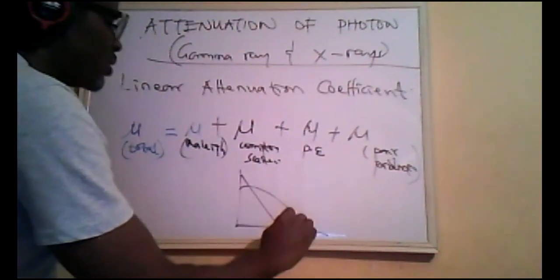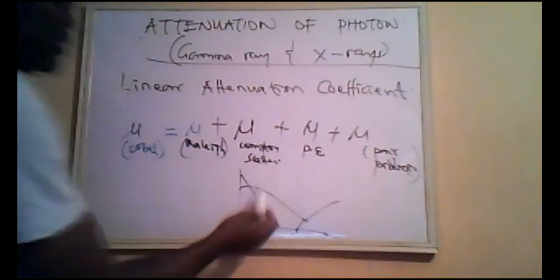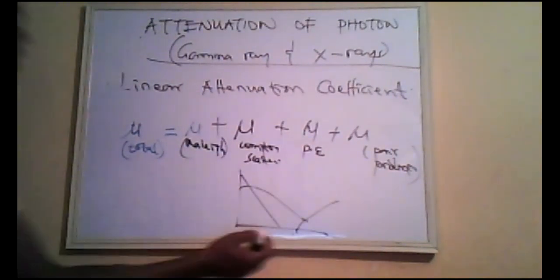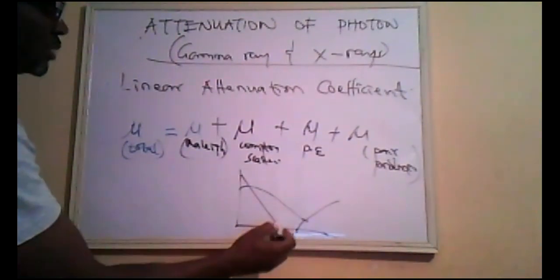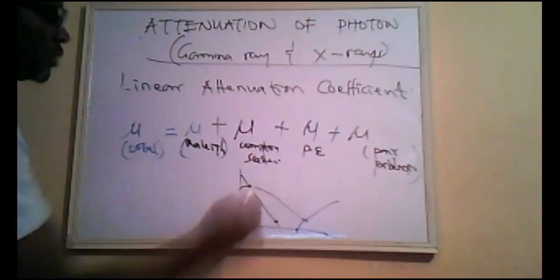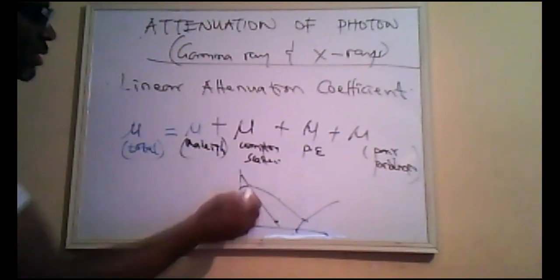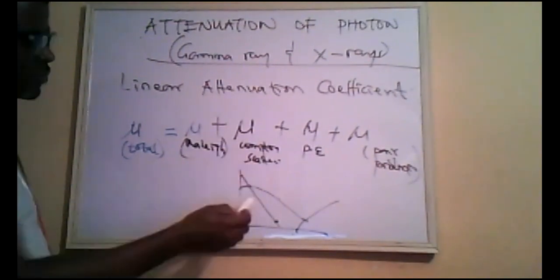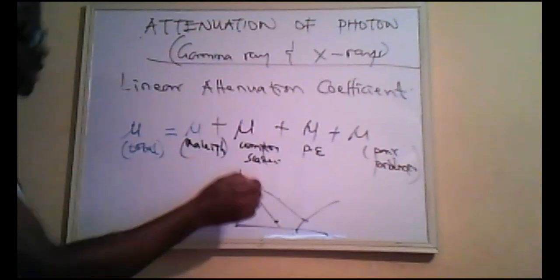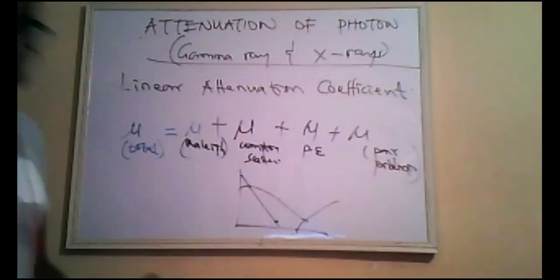pair production starts from 1.02 and then continues to increase. If you look at this, we want to look at the energy that will give us the greatest contrast. But at this point, we might not have any contrast, because the contribution of this and this one will cause so much scatter, whereas the photoelectric emission, which is responsible for the main contrast, will be counterbalanced by the scattering contributed by the Compton effect.